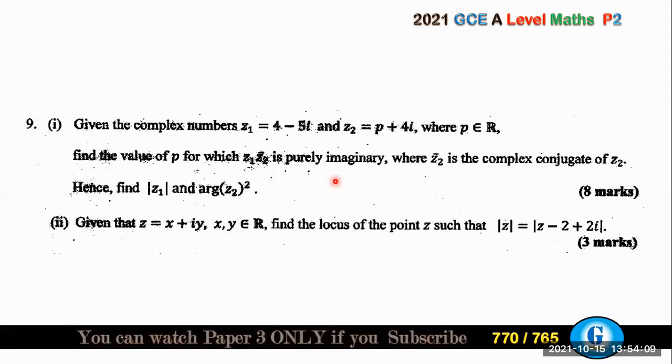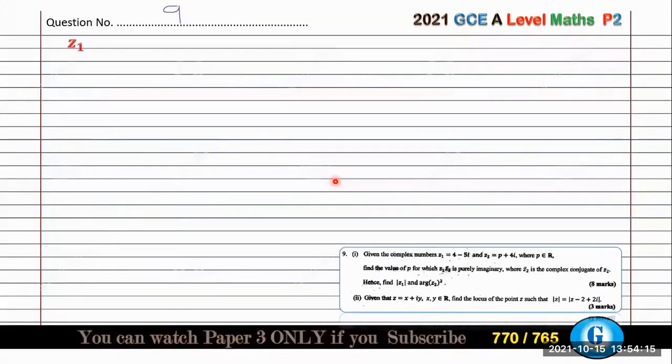That is the idea we use to answer this part. So here we have z1 times z2 bar. Note that our z2 bar here should be p minus 4i, because it says z2 bar, the complex conjugate. So that will be equal to 4 minus 5i times p minus 4i.